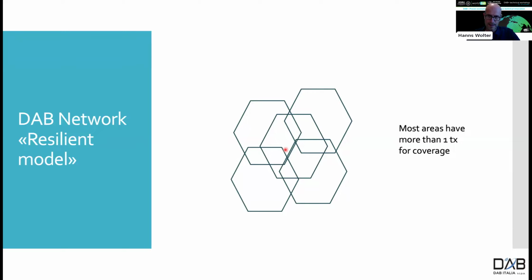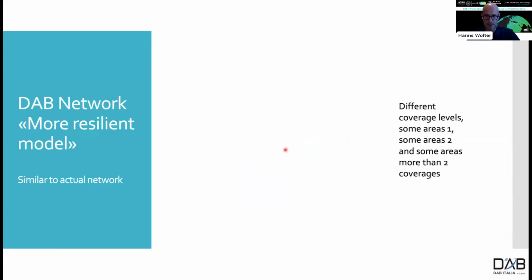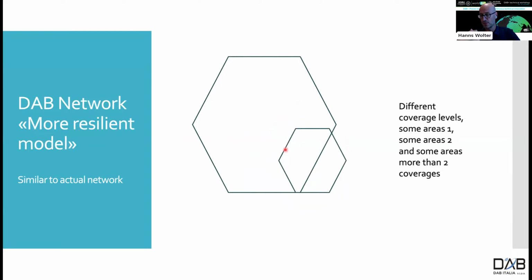And then we proceeded and we developed our network more and more. And we arrived to something where we had maybe one big site because we have high mountains, which have a big coverage area. We had a smaller site, which has maybe an urban area or a smaller hill or a smaller tower, and so on.